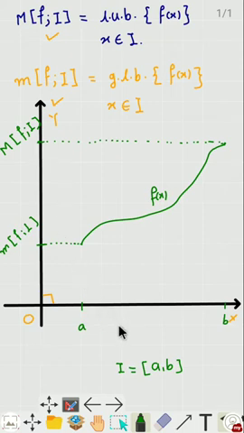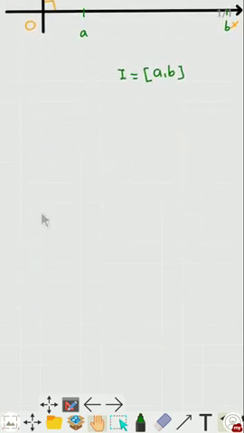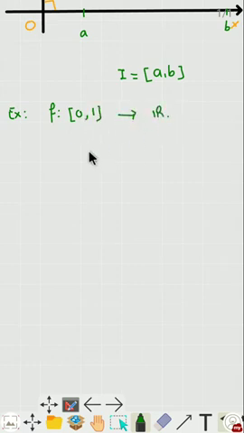So let us take one particular example. Consider a function f defined from the closed interval 0 comma 1 to the set of real numbers, defined like this: f of x is equal to x for all x belonging to the closed interval 0 comma 1.